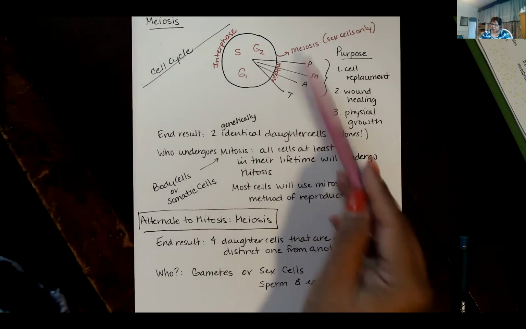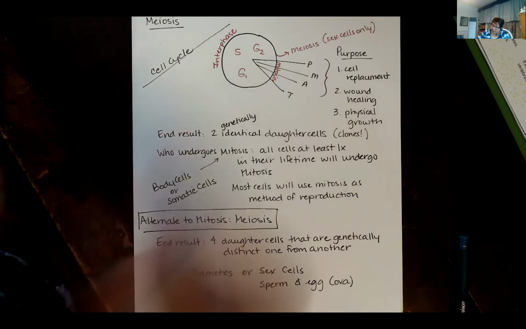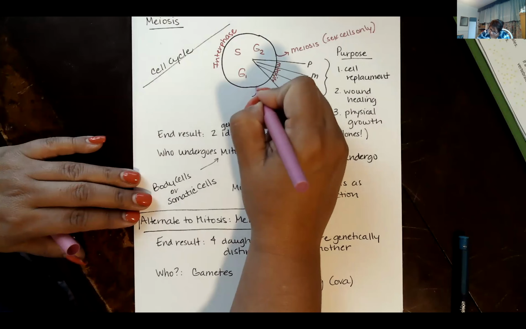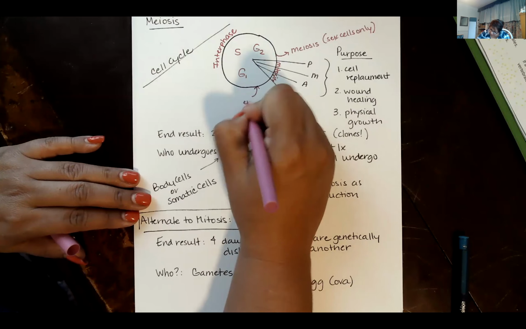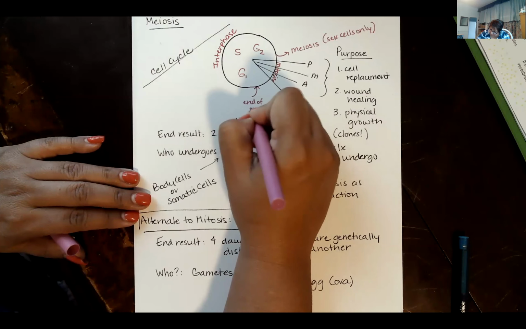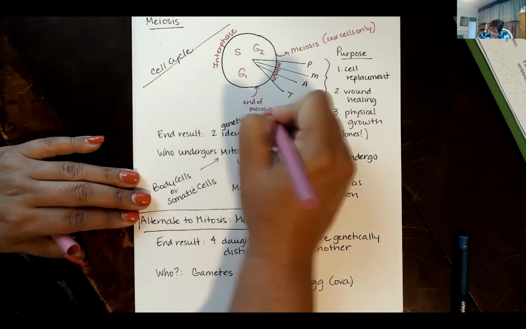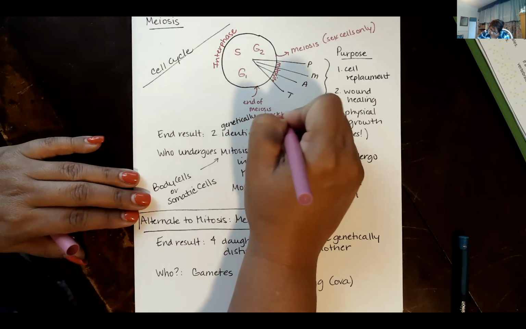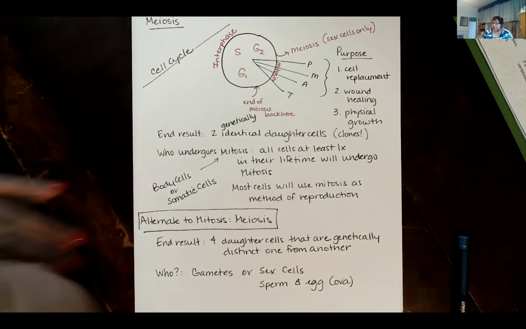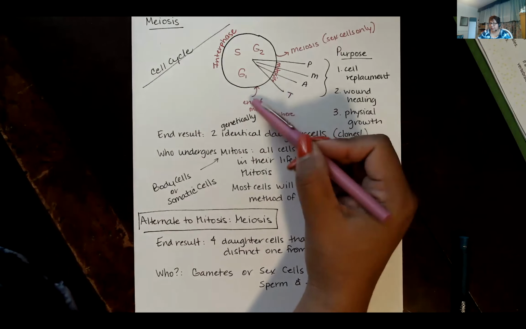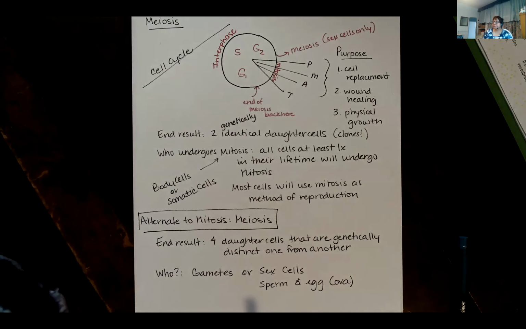They skip mitosis and go to meiosis, and then at the end of meiosis, they join back here. They bypass mitosis and then come back.